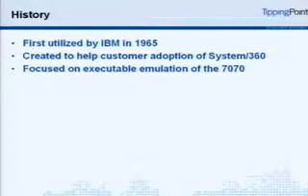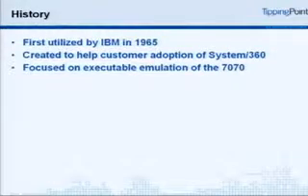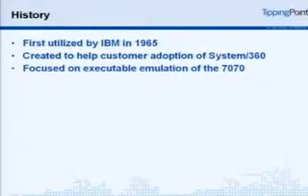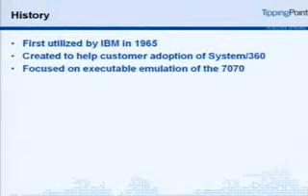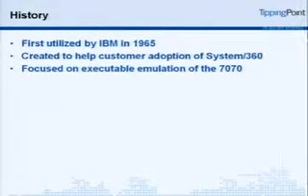So what they told their customers was, hey, you can take your existing compiled software, your code you wrote and whatnot, and just take that over to the new System 360, and it'll be emulated as if you were running the old platform. I think it was a System 700 or whatnot that was the old platform. Now, that allowed customers to easily switch to the new architecture and adopt all the new system that they were trying to provide.